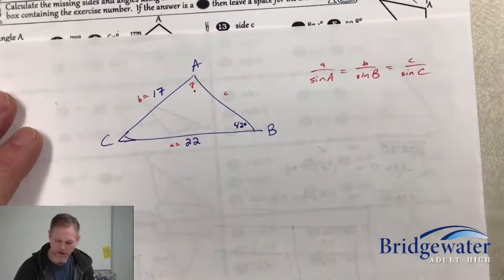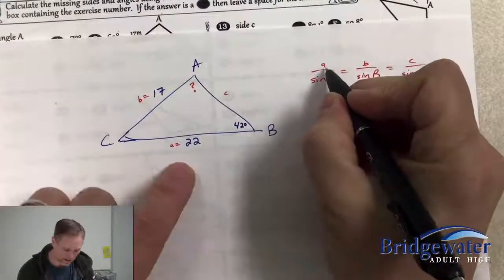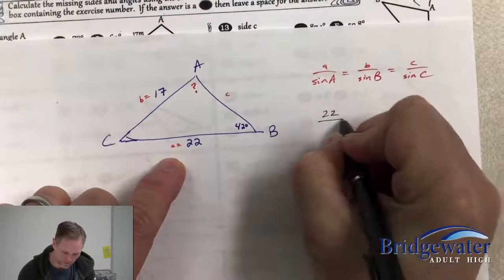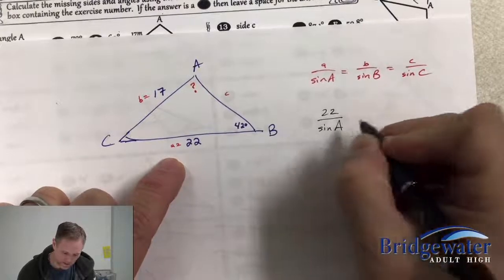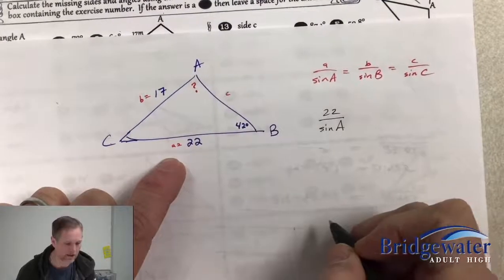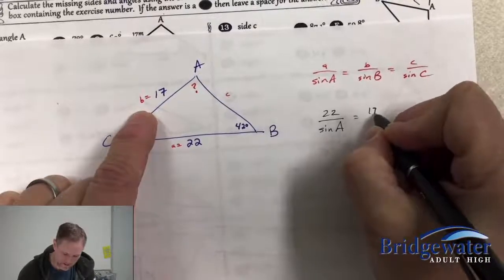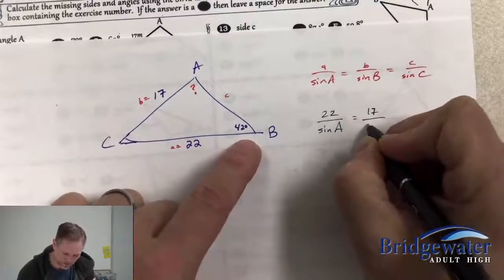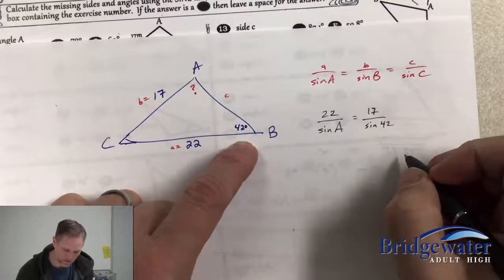Okay, and then all I'm going to do is fill in the numbers in the right spot. Okay, so little a goes to 22 on top. Capital sine of A, sine of capital A. I don't know that one, so I'm just going to leave it as capital A. Little b is 17 over sine of 42. Okay, I know them both.